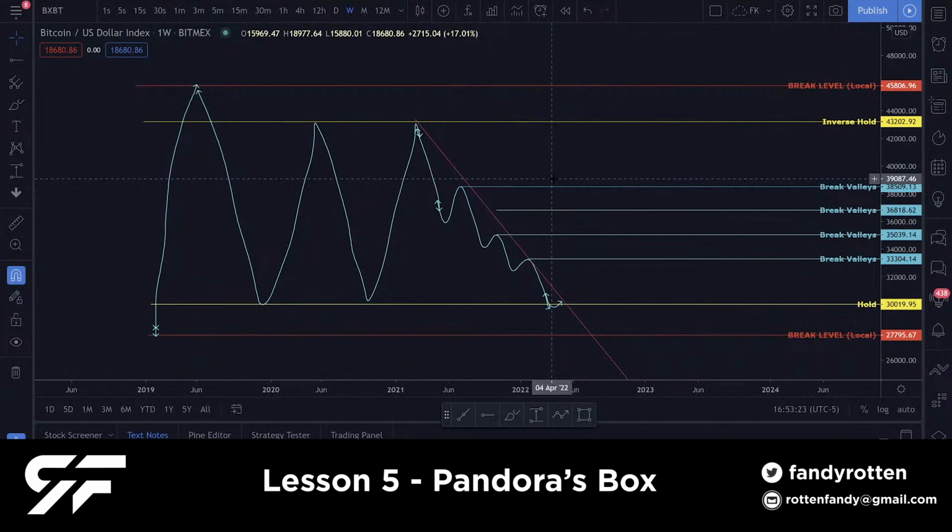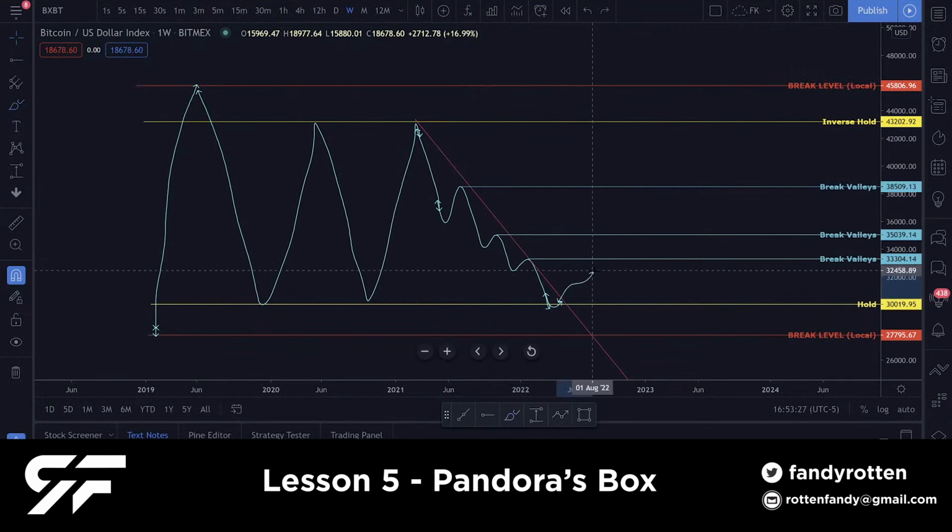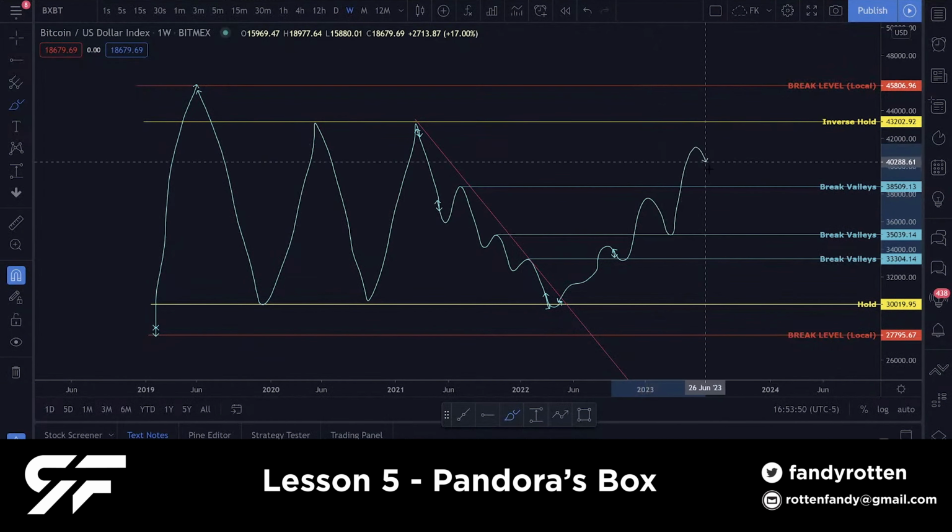When it actually breaks this downtrend over here, these valleys by themselves will act as hold levels as well, right? One or more than two candles, they could act as hold levels. So even though it was a break valley over here, when it touches this and has a hard close above it, it could take support on either one of these valleys and move up, right?